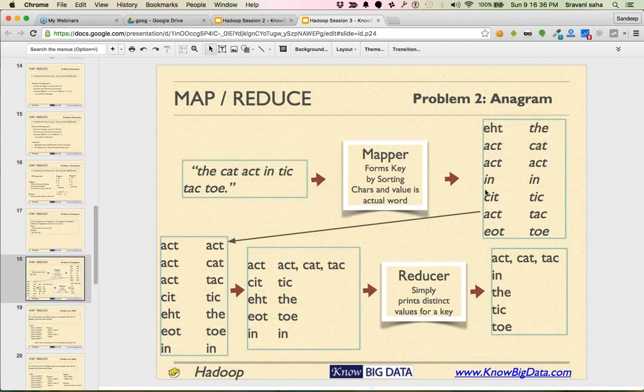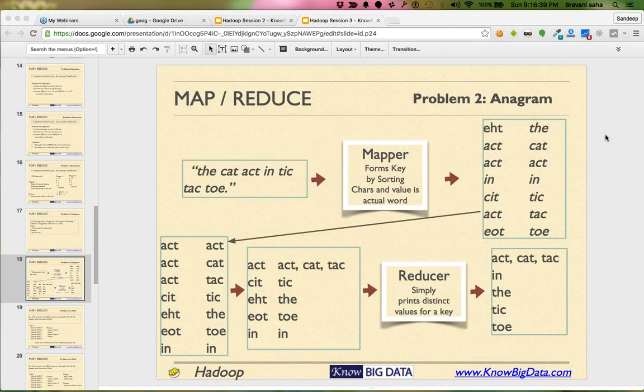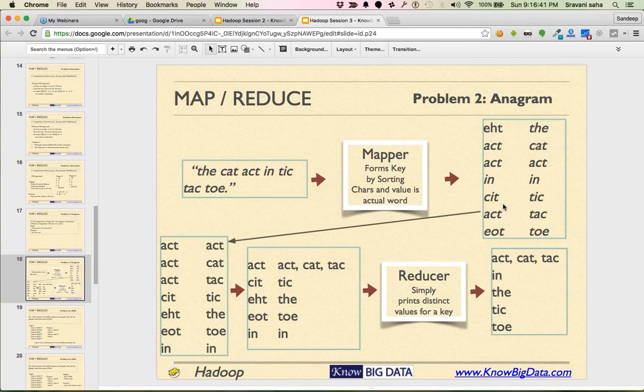All right. Ganpati's question is, can you explain how the search will work? All you did, as part of your map program, was sort the word alphabetically. So for THE, the key is EHT. Can you tell me what the key will be for Sandeep? Yes, correct.